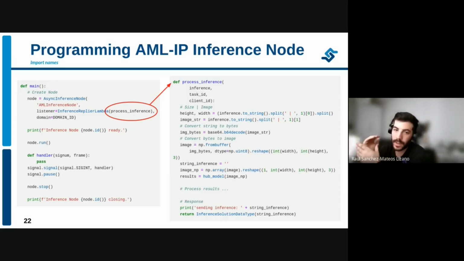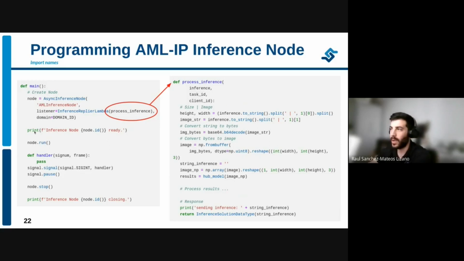We are blocking the execution of the program here with the definition of a signal handler, which will pause the program. And if we receive a SIGINT signal, we will then stop the node. But for now, the program will be paused on the exit, waiting for this specific signal, and not on the run method of the AMLIP node.